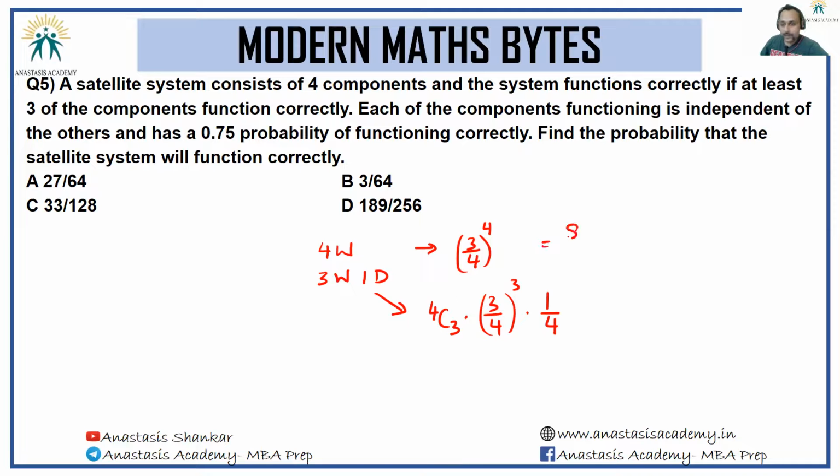So from here we get 81 by 256. From here we get 108 by 256. If we add them together, we will get 189 by 256, or option D. And that is the answer to this question.